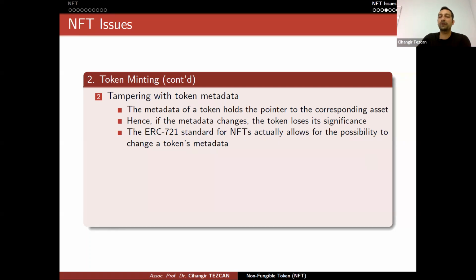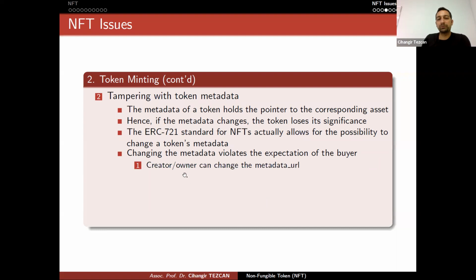I think Foundation cannot change it. They designed their smart contract in that way, but most of the other famous ones can change it. Changing the metadata violates the expectation of the buyer, right? Because the creator or owner can change the metadata URL, so now the thing that you bought is mapped to something else.